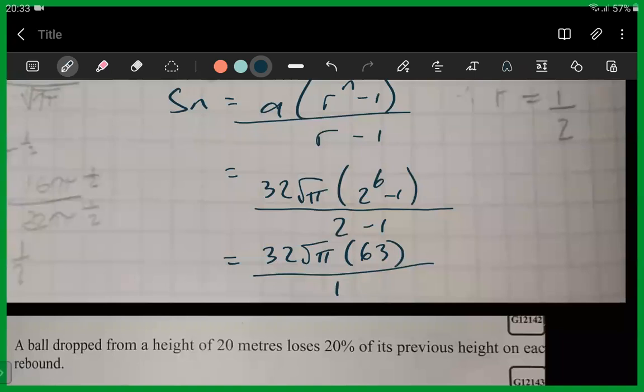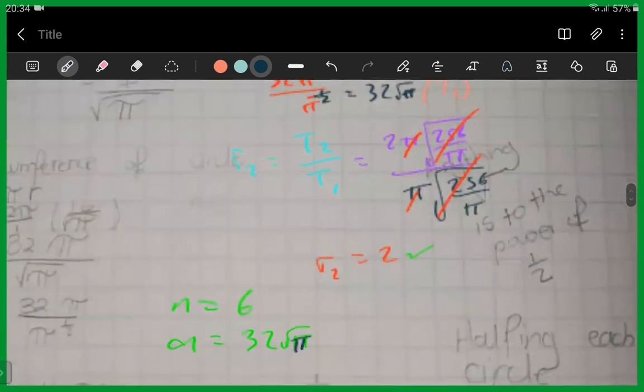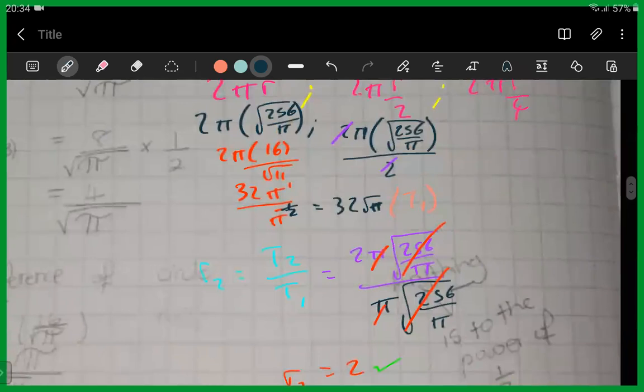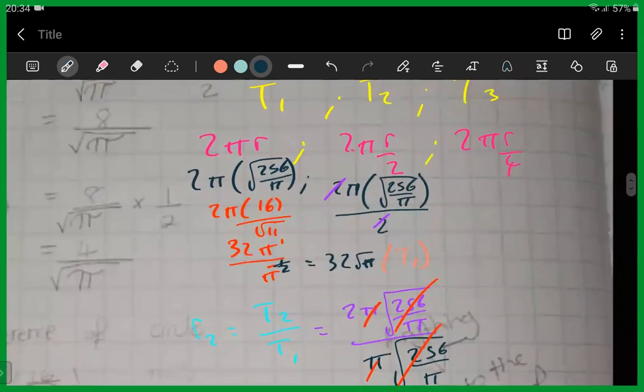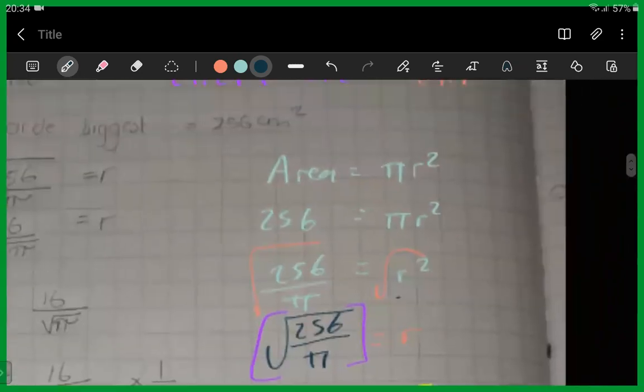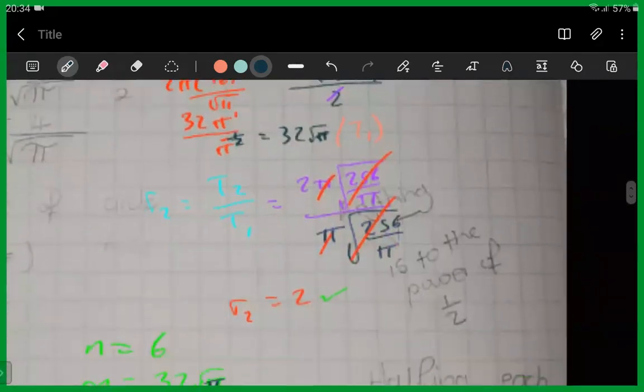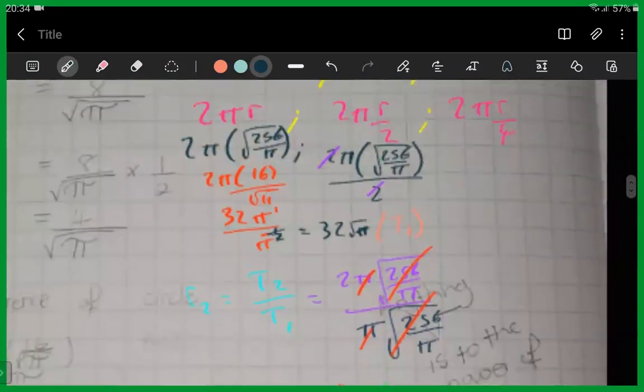Okay, so we said that our R is a half, right? Wait, R is a half. Isn't R a half because it's getting smaller and smaller by a half? Oh, you're right.